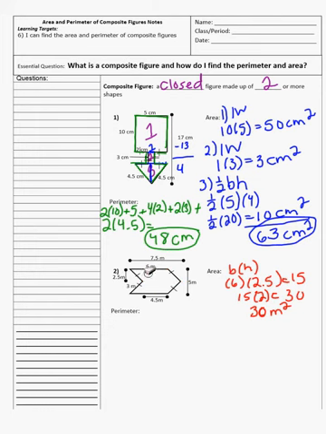So let's erase this and look at the triangles. Let's change my color. So what if we said we have a triangle here, and then we have 2 other triangles here? Okay, so if we find the area of 1, we know we need 1/2 base times the height.